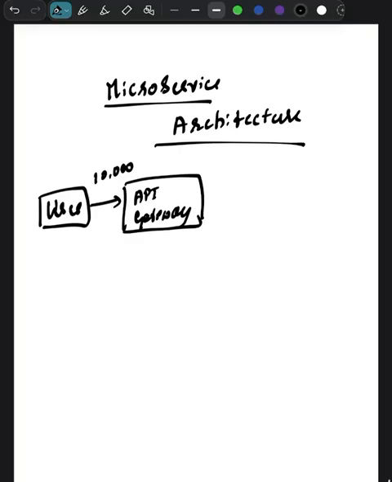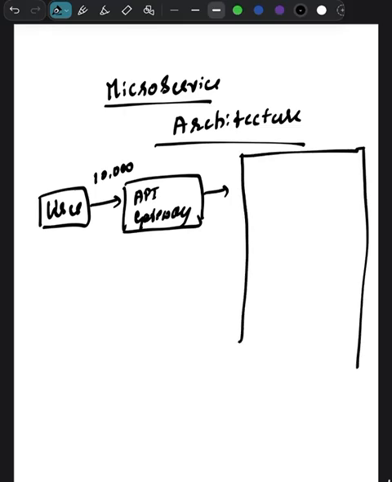Now, from the API gateway, this is our, say, banking application. It has different services. So once the user makes this request, the request lands at the API gateway. The very first thing that happens in any application is user identification, to identify whether a legitimate user is making the call.